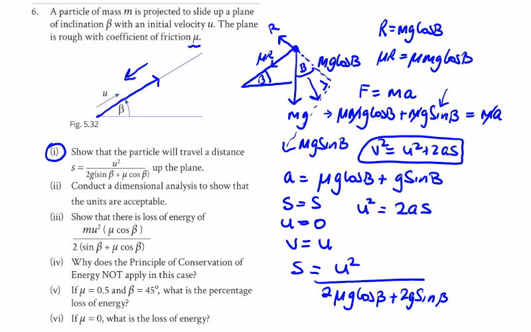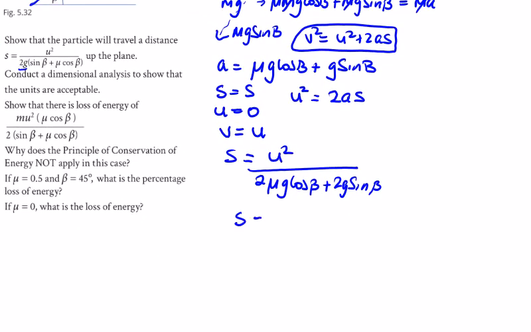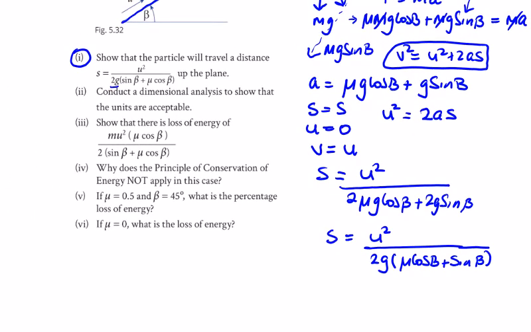And I think they want us to factor out the 2g here. So s is equal to u squared over 2g by mu cos beta plus sine beta, which is what they're looking for over here in part 1.